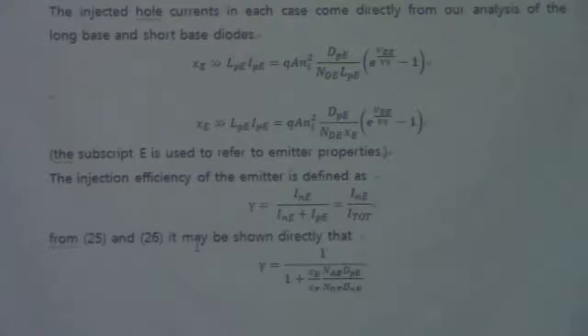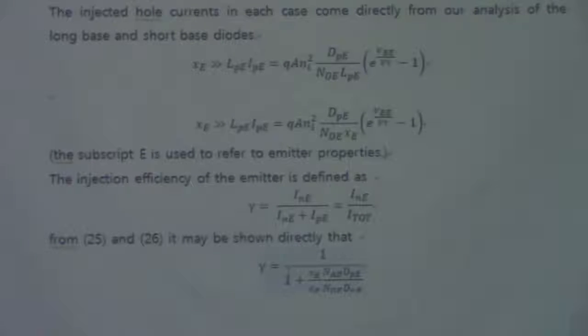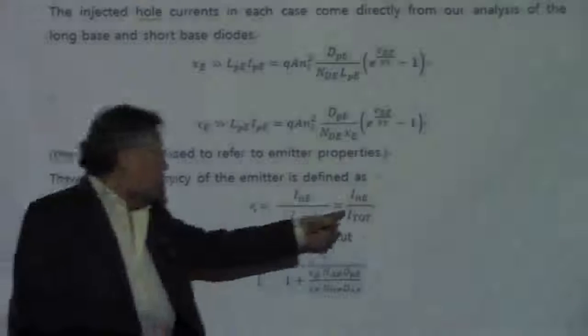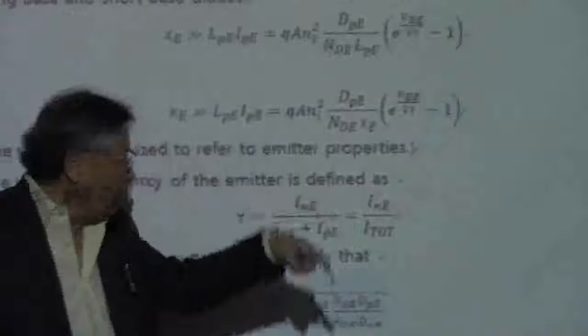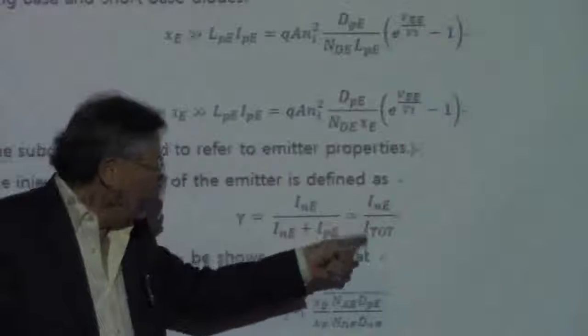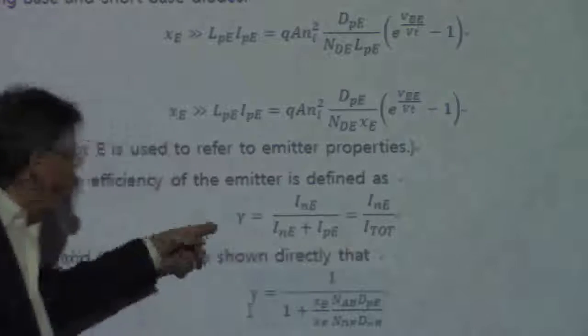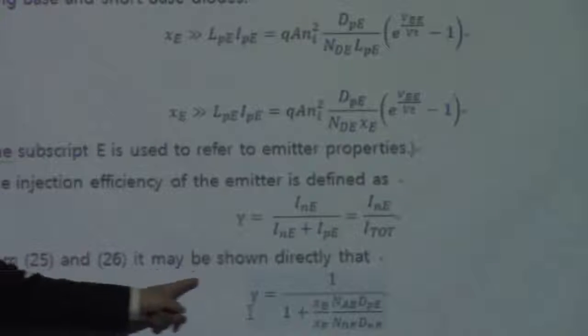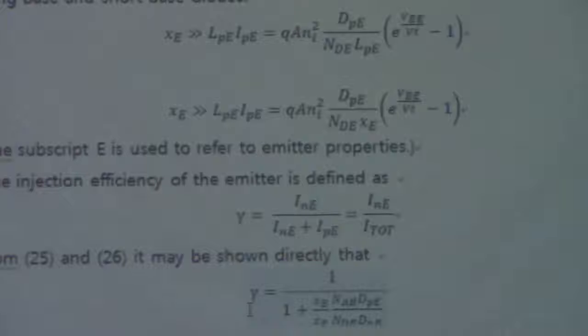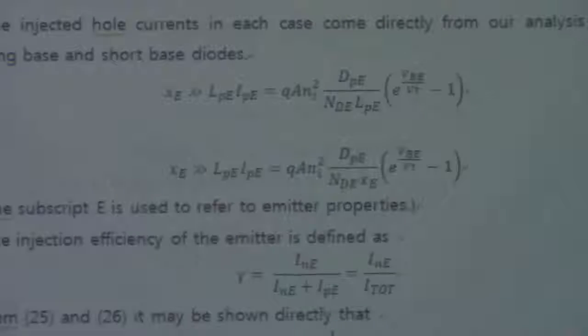And from here we can directly see the gamma injection efficiency: the ratio of electron current injected into the base to the total current is the injection efficiency, and it can be written with that equation.